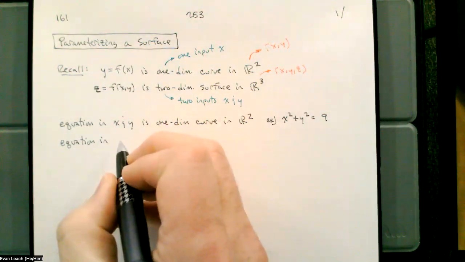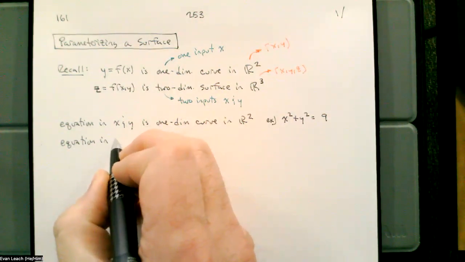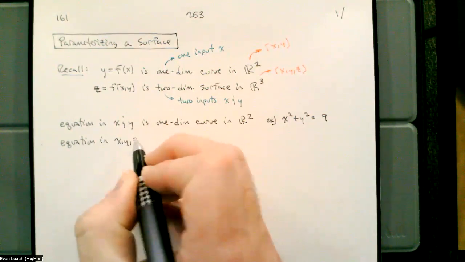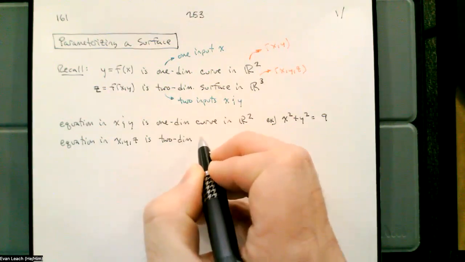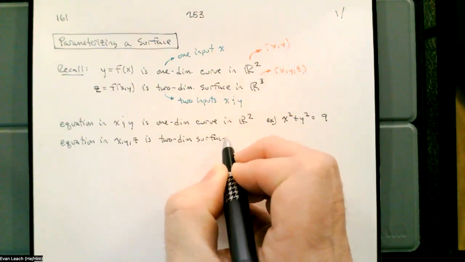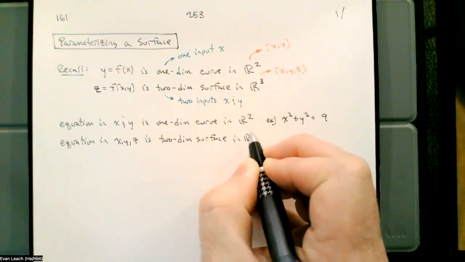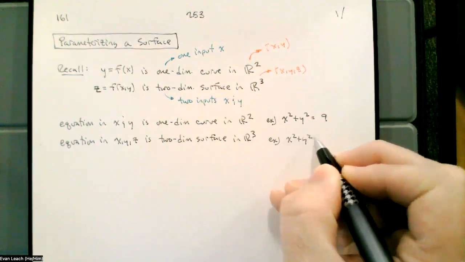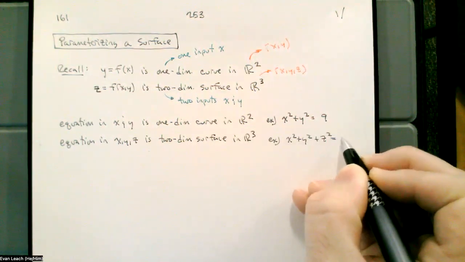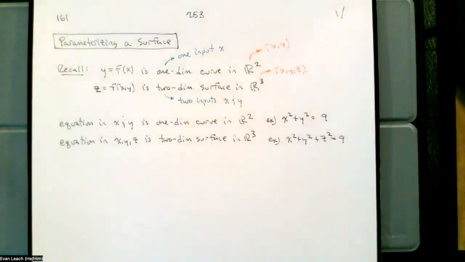The same thing happens if I put in another variable. If I write an equation involving x, y, and z, we will be describing a two-dimensional surface in three-dimensional space.